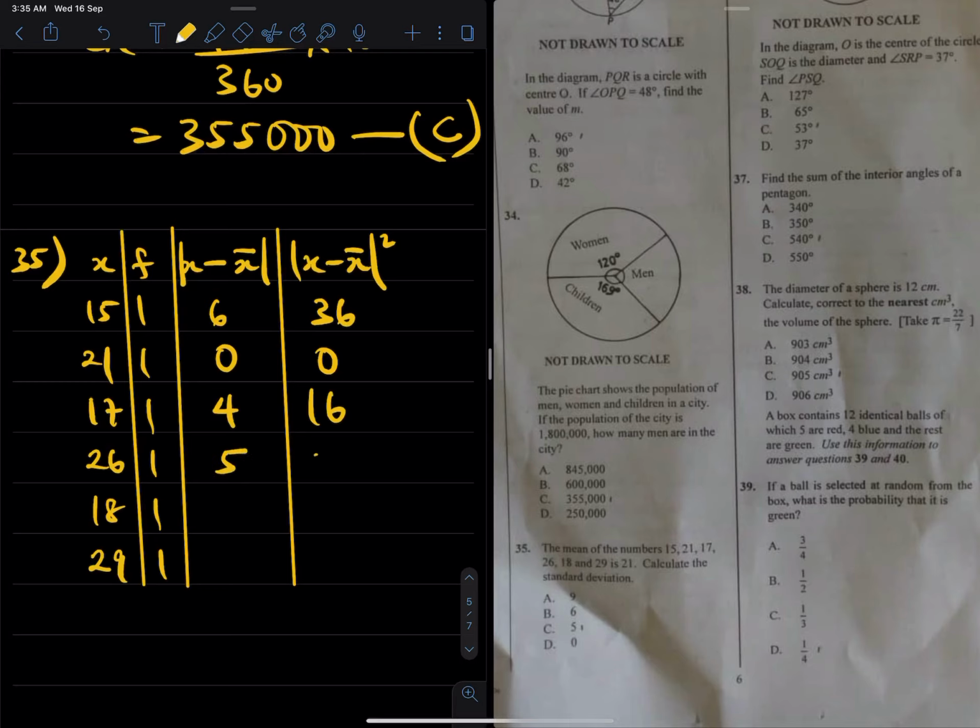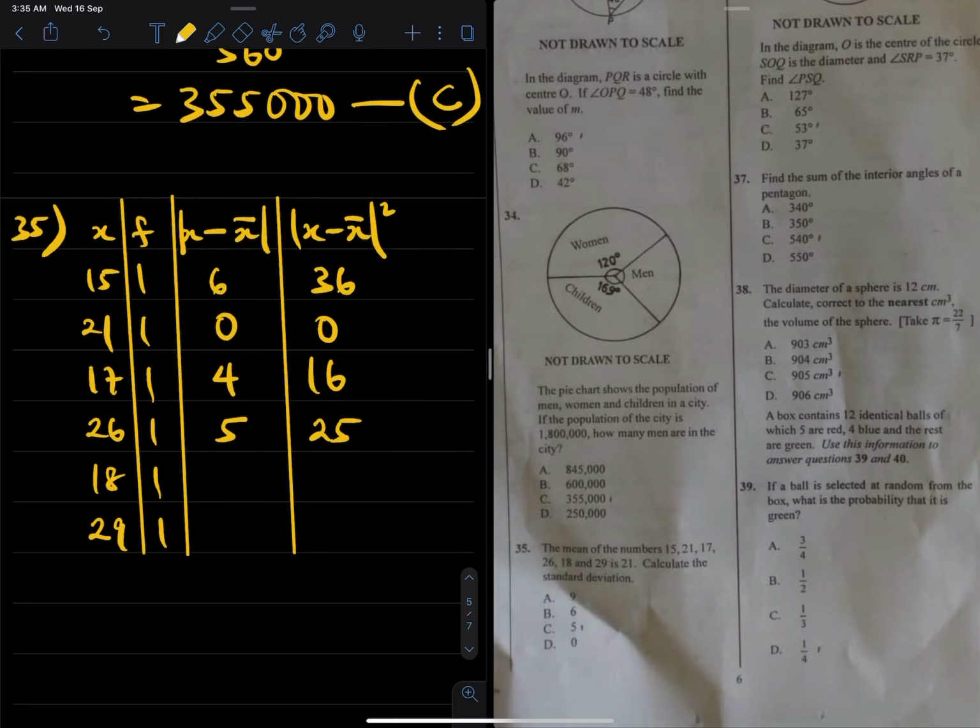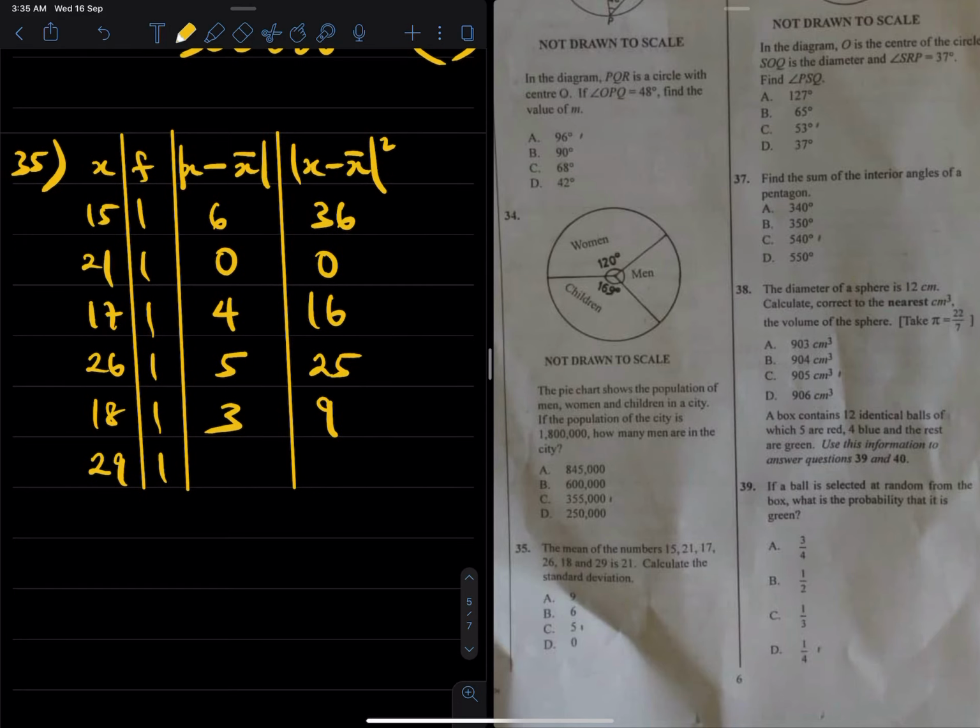The square of that is 25. 18 minus 21 is minus 3. The absolute value of that is 3, and the square of it is 9. 29 minus 21 is 8. The square of that is 64.